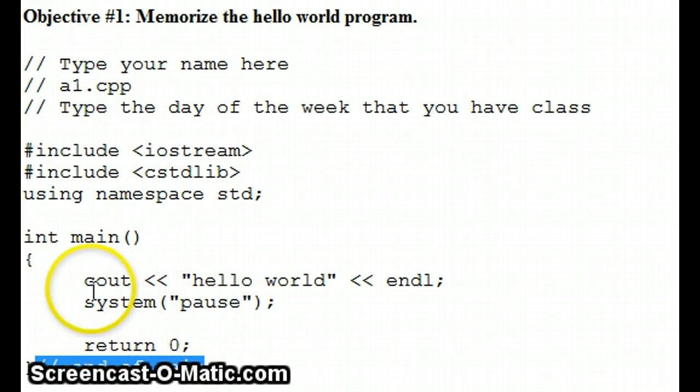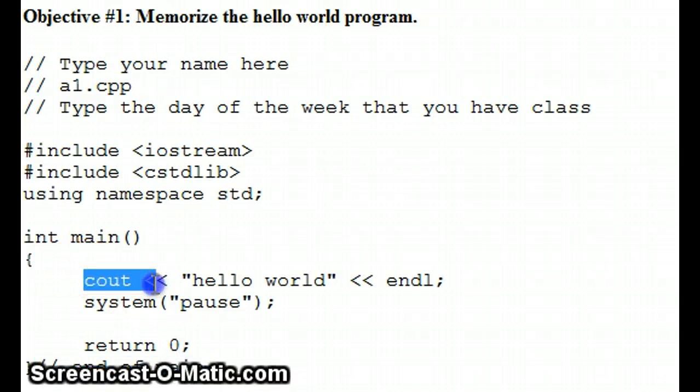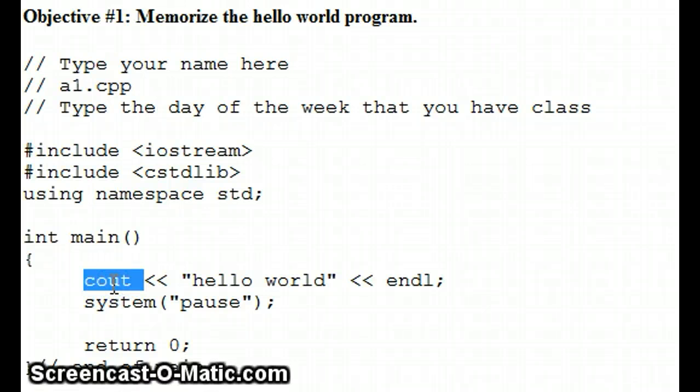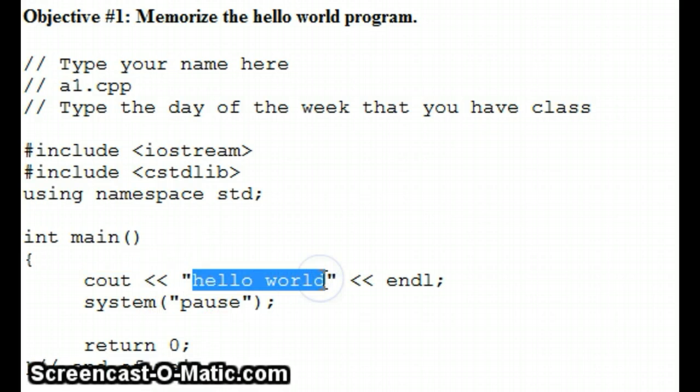And the most important line of code is cout, hello world, endl. Cout stands for console output, which means to display something on the screen. The phrase hello world is what we're choosing to display on the screen.